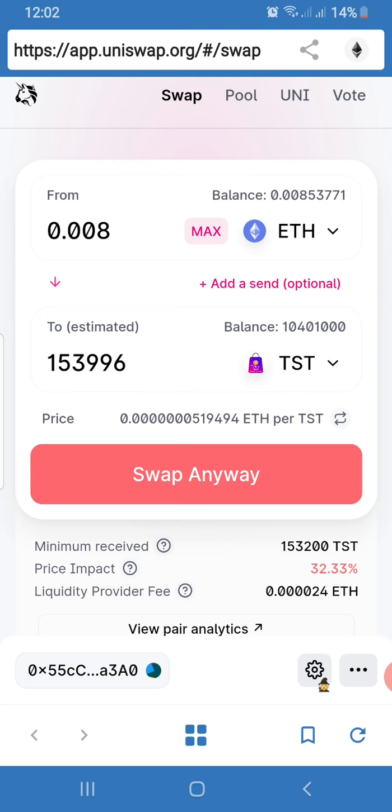So whichever way it is, there is no way you're going to make a loss, because you are going to receive a portion of the transaction fee. As long as you don't remove your liquidity and this platform still exists and TST still exists, which it is going to, you are going to be earning transaction fees in perpetuity.